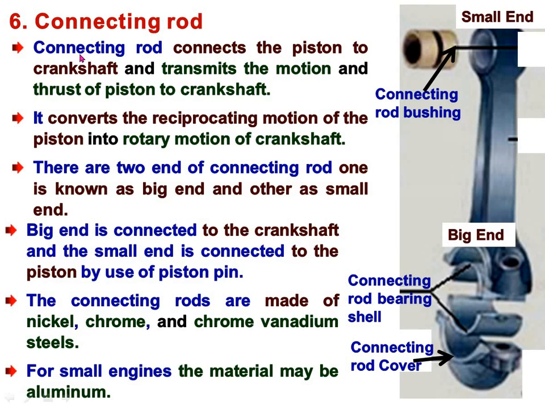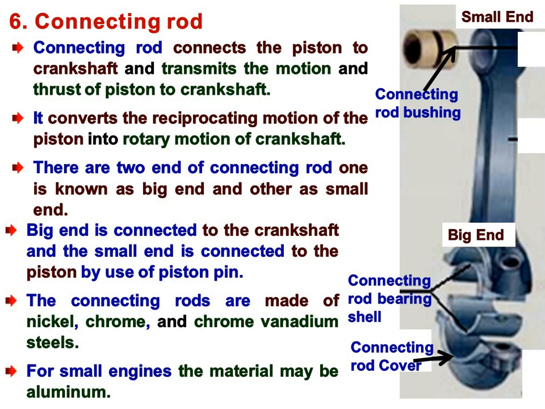Now, the 6th part is the connecting rod. Connecting rods connect the piston to the crankshaft and transmit the motion and thrust of the piston to the crankshaft. Means the connecting rod connects 2 components. First, it connects the piston, and second, it connects the crankshaft.